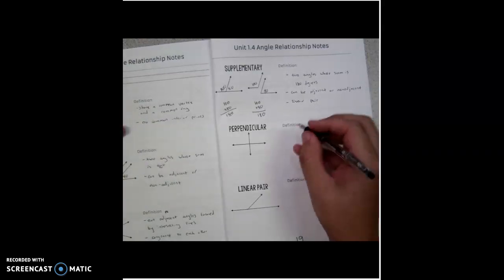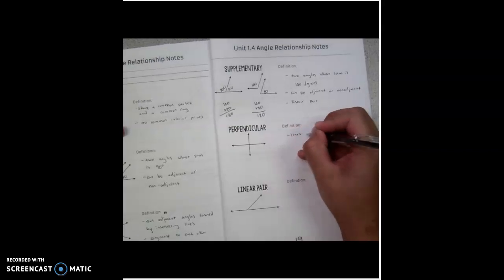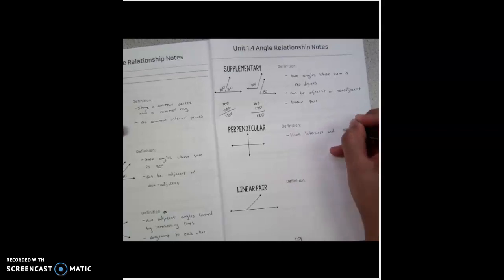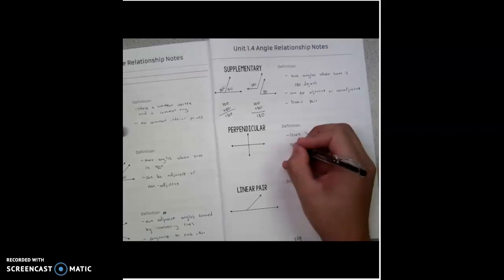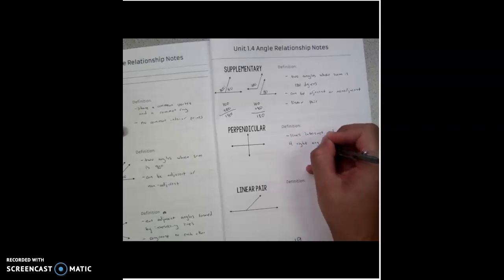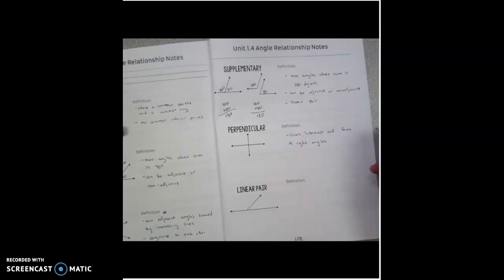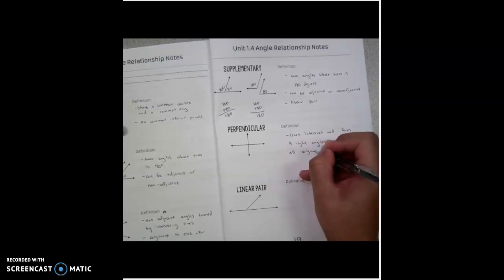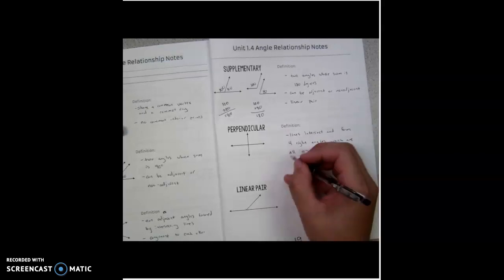Next one's perpendicular. Perpendicular are lines that intersect and form four right angles, which are all congruent.